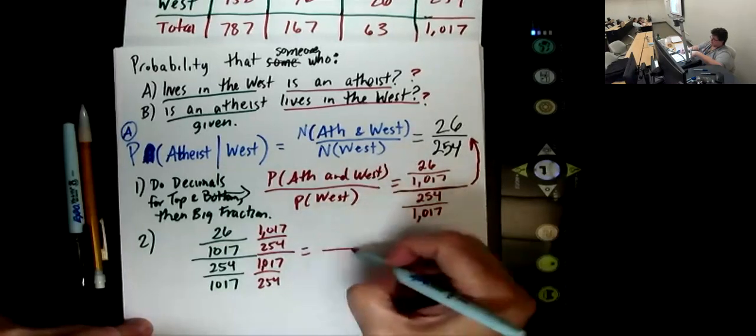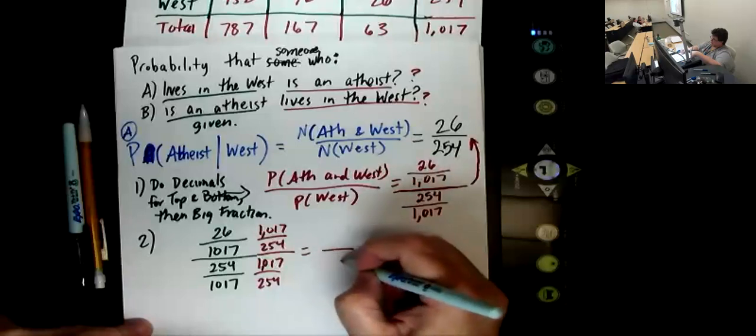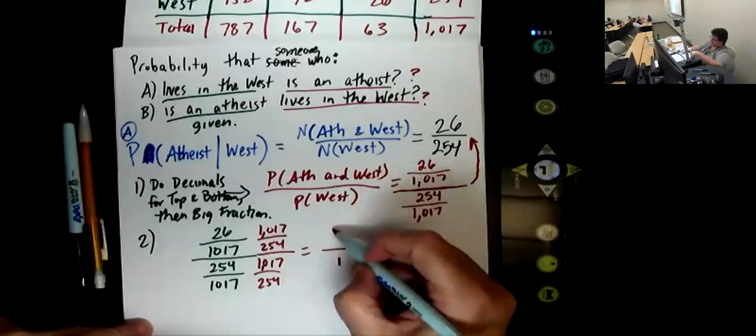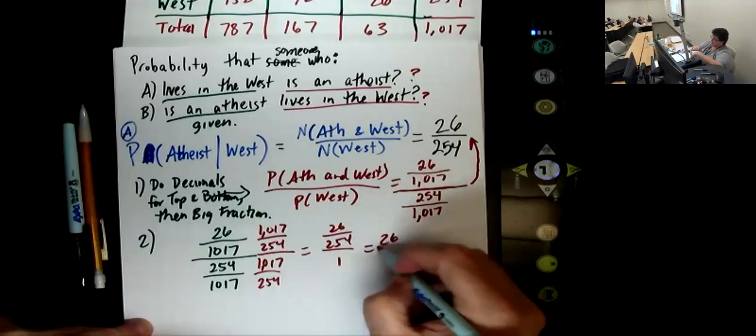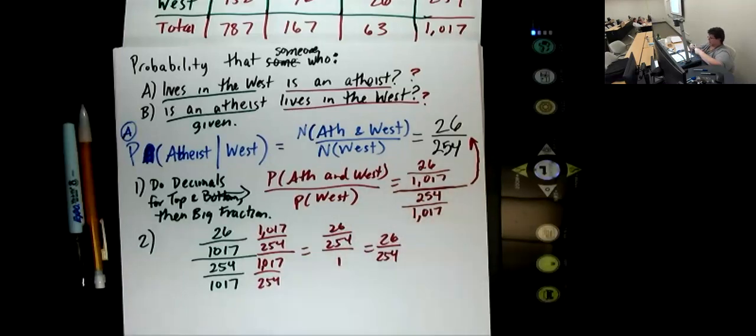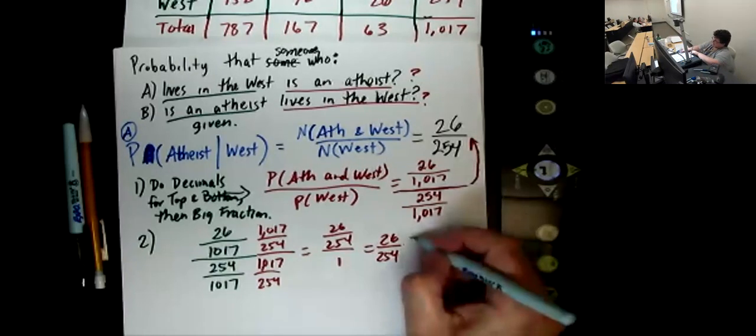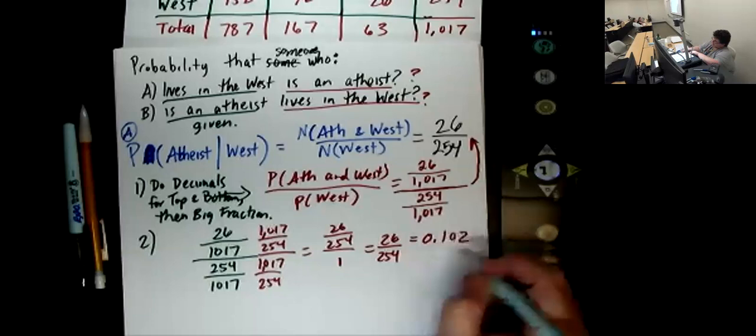This ends up being 1 on bottom, and this ends up being 26 over 254 on top, which is just 26 over 254. And if you put this in a calculator, we get 0.102. 10.2%.